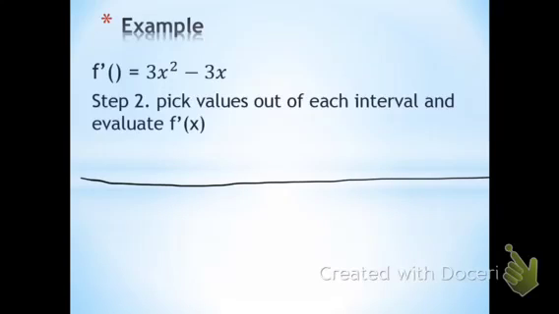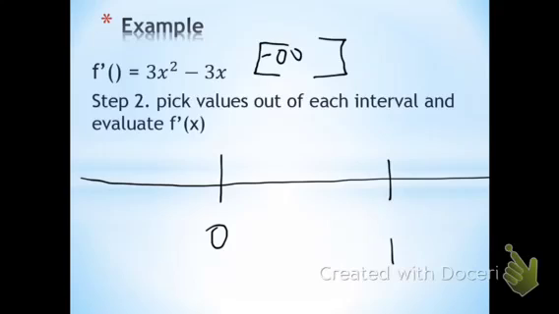I'm interested in the numbers 0 and 1. There is no restricted interval for the original parent function, so we're going to evaluate it from negative infinity to positive infinity. And I want to pick values out of each of these intervals, out of this interval, and this interval.